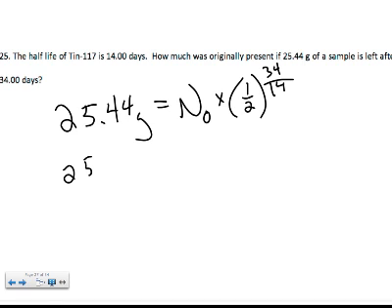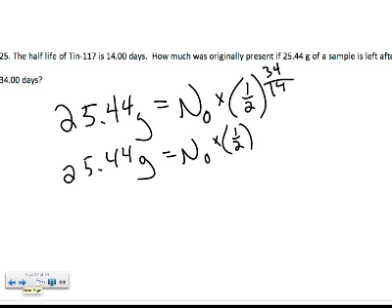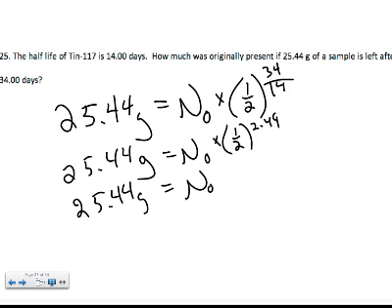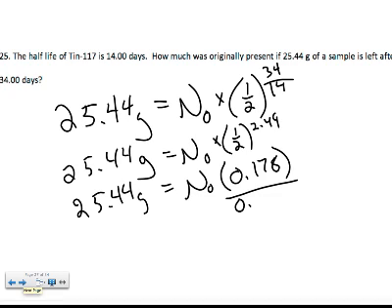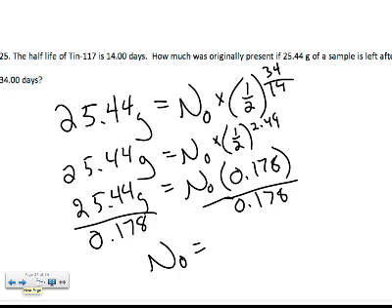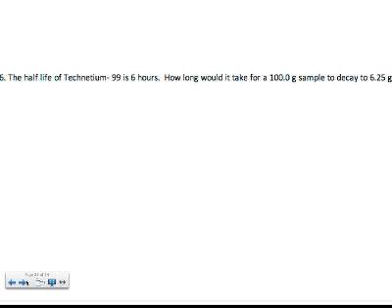So 25.44 grams, so that's 1/2 to the power of 2.49. So 25.44 grams equals the starting amount times 0.178. So now to get back to the starting amount, we have to divide both sides by 0.178. And then we get N0 is equal to 142.9 grams.